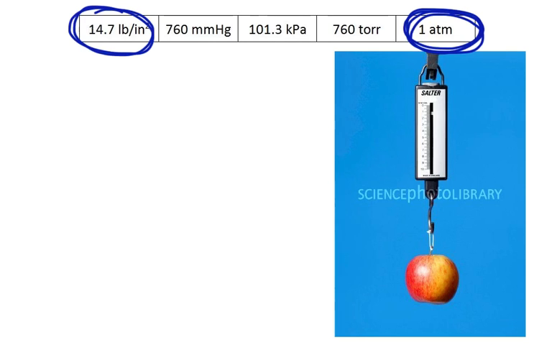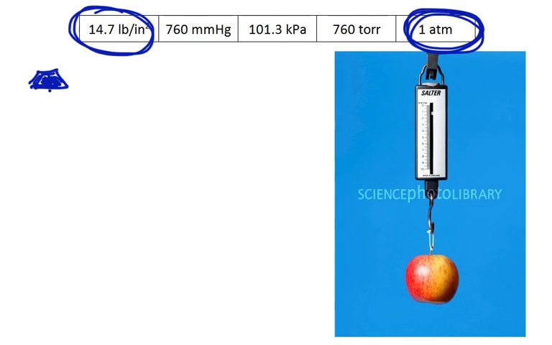Now 14.7 is, let's say, the weight of a relatively small dog. And if we could get that small dog to stand up on 1 foot, that would be about 1 square inch. So that 1 square inch of area with a force of a 14.7 pound dog would be the pressure that is exerted on us.